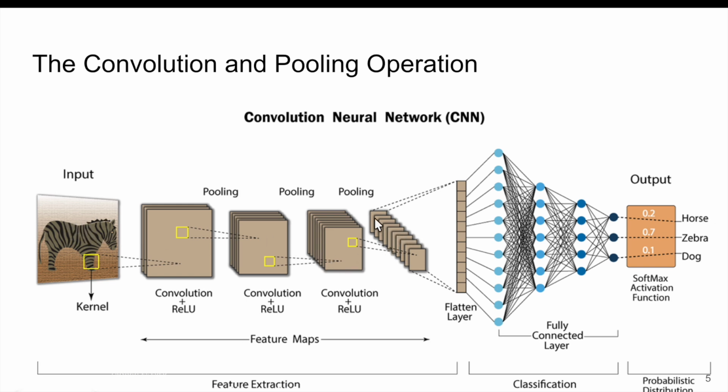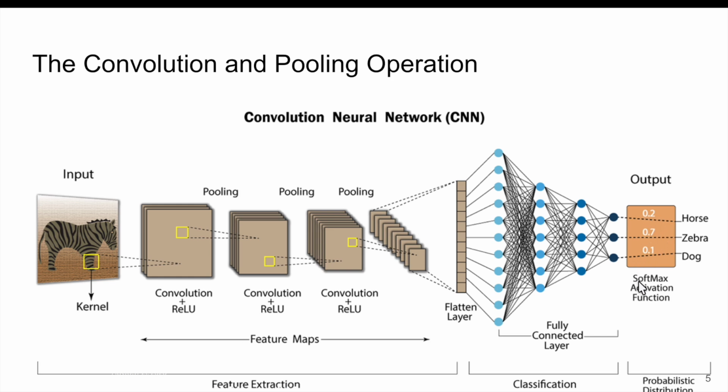So this output, what we do is we straighten up the output at the end and pass it to a normal fully connected artificial neural network, and then that gives us our output, which is a horse or a zebra or a dog.